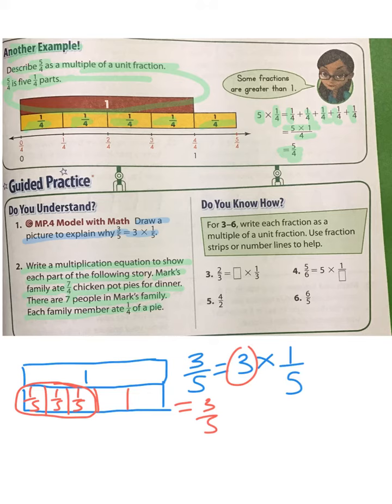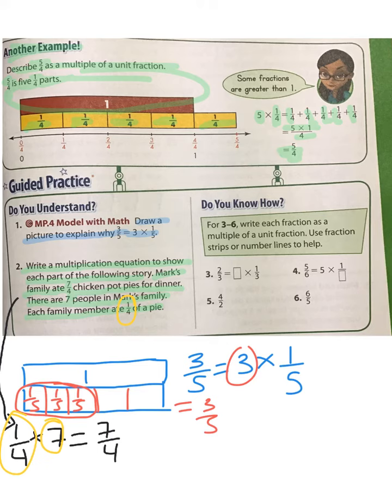Okay, so we have 1/4 times 7 is going to equal 7/4. Because we have 7 people, that's where I got the 7 from, and it says each family member ate 1/4. So we multiply it by a 4th. So I know that 1/4 times 7 is just going to be 7/4.